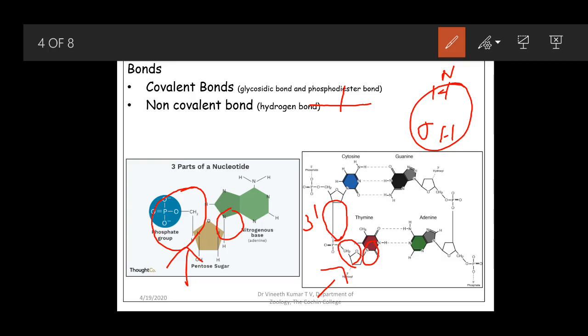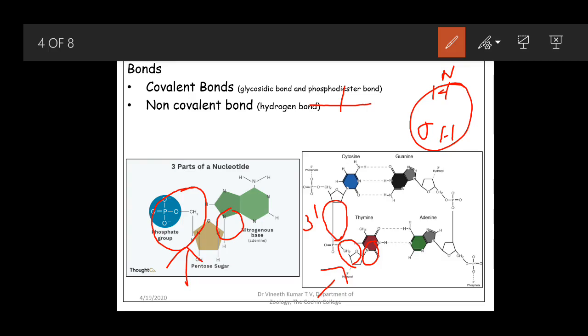Coming to the non-covalent bonds, these are hydrogen bonds. Hydrogen bonds are seen between the nitrogen bases. Usually a purine pairs with a pyrimidine. As you see in the diagram, when guanine and cytosine pair up, there are 3 positions where hydrogen bonds can be formed. Here you can clearly define a hydrogen bond: a bond formed between a hydrogen and an electronegative atom.